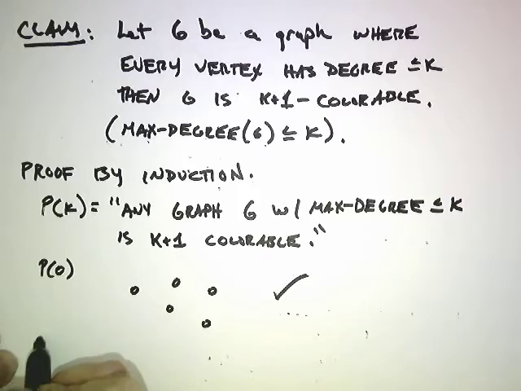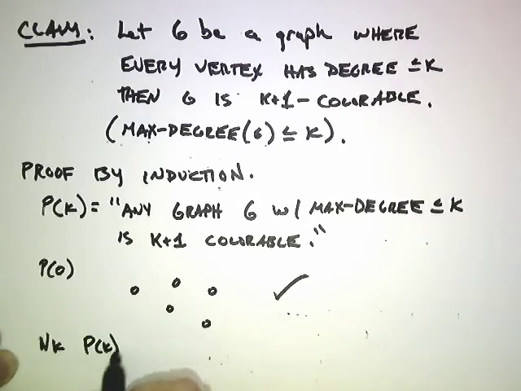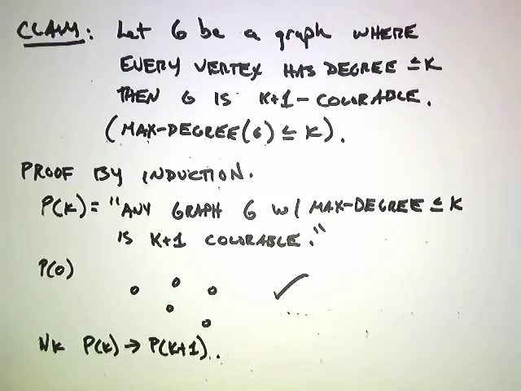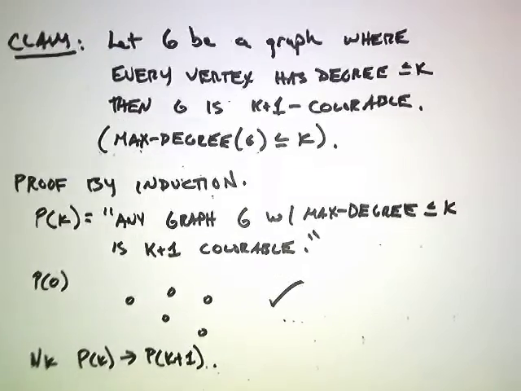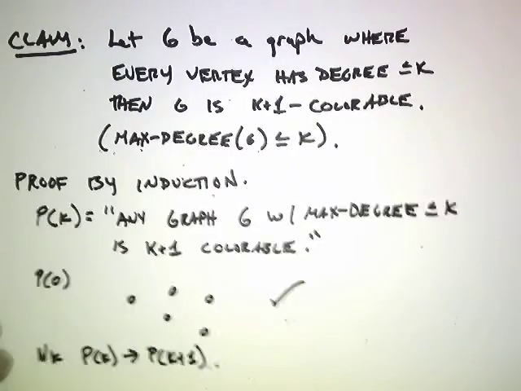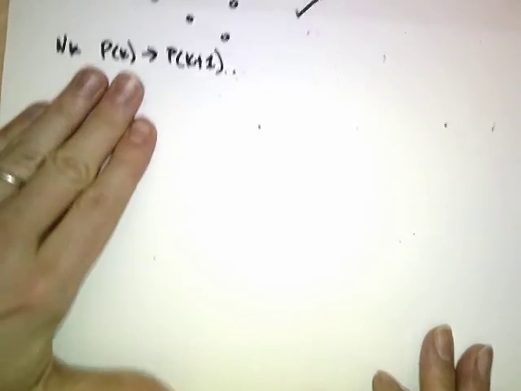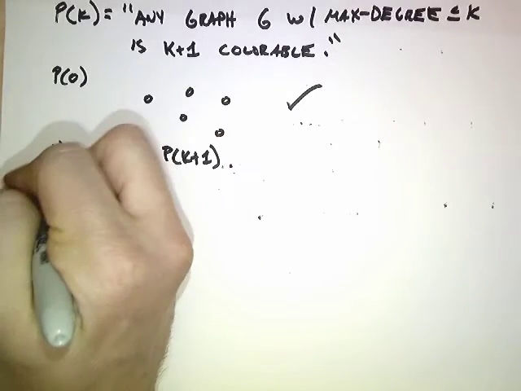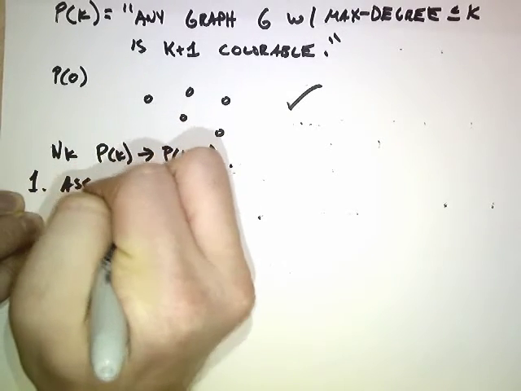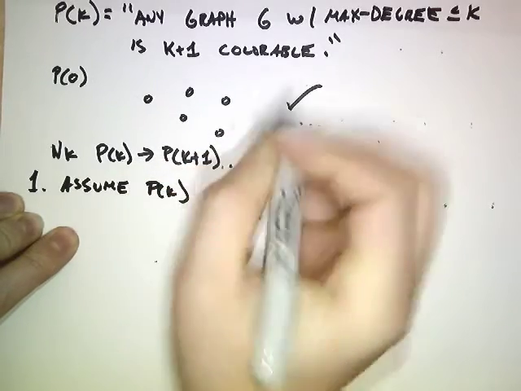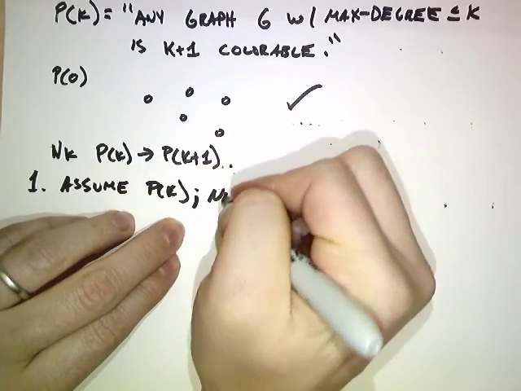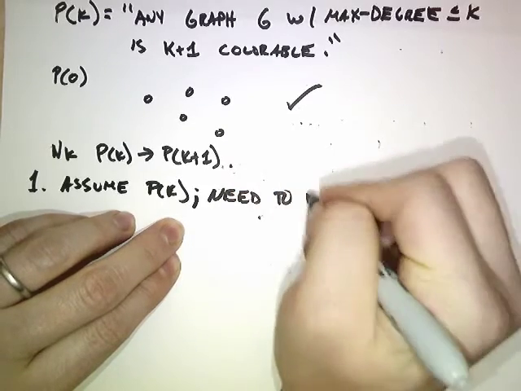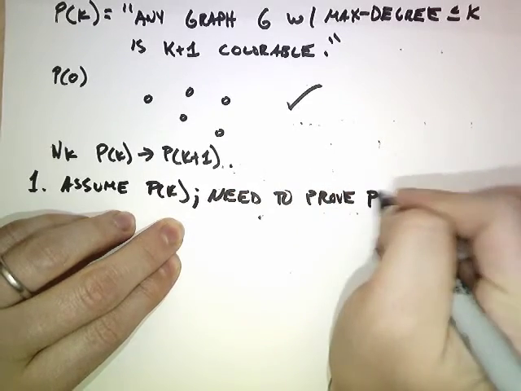Now we need to show that for all k, P of k implies P of k plus 1. Let me move this up so you can see P of k. So we assume P of k is true. We need to prove P of k plus 1 is true.